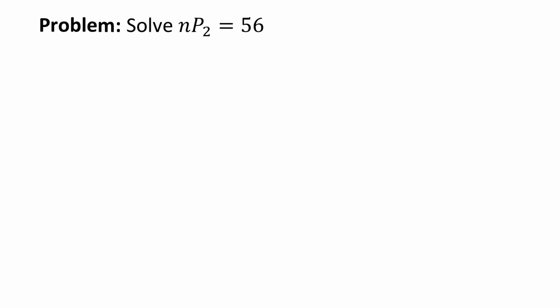Now, sometimes the factorials are given to you with a bit of a different style. This says nP2 equals 56. And if you check on your formula sheet, there's something for nPr. This is a formula that involves factorials. It's called the permutation formula. We don't tend to use it a whole lot when solving problems, but it's interesting, and it allows us to write the following. nPr means n factorial over n minus r factorial.